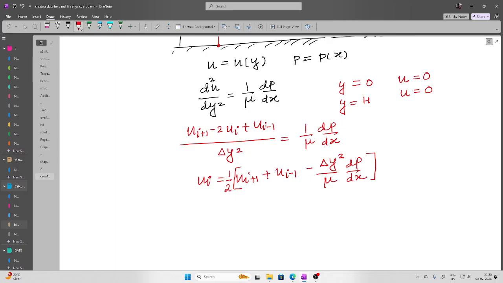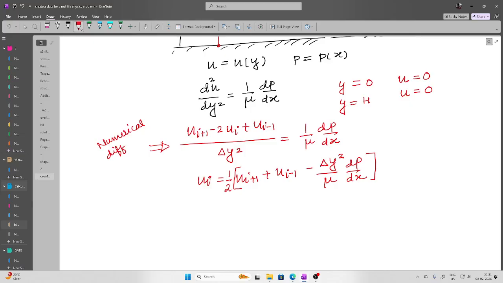Here you should remember that I already said dp by dx is a constant. If you are wondering where this has come from, this is nothing but simple numerical differentiation.